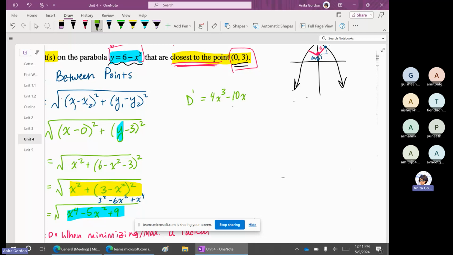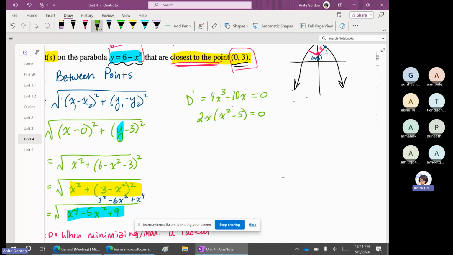If I need to make this 0, right? Minimizing means I'm finding peaks and valleys. What am I going to do first? Oh, yes, thank you, Gulsheen. We have to factor first. So let's factor. This is 2x, x squared minus 5.